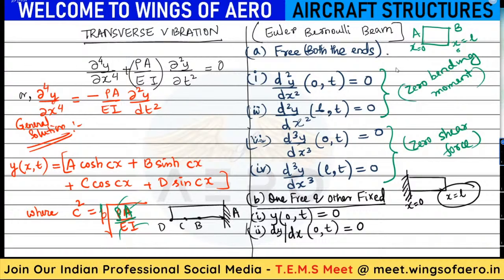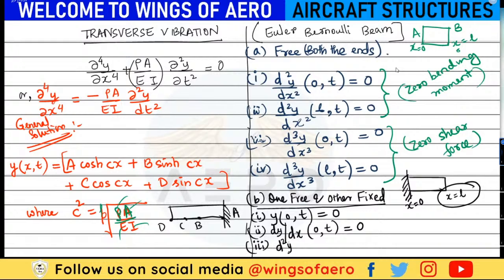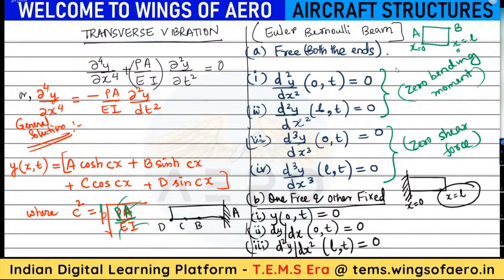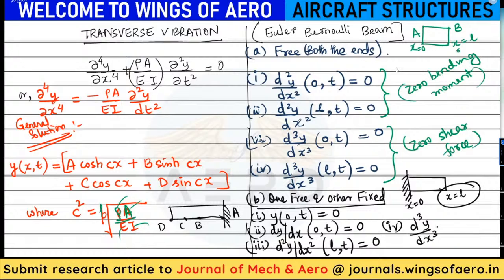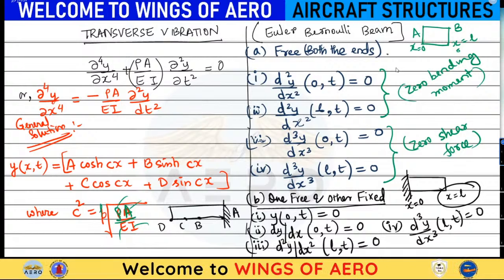So the third condition is d square y by dx square at x equal to L and t is 0, and the fourth condition is the shear force, that means d cube y by dx cube at (L, t), will also be 0.